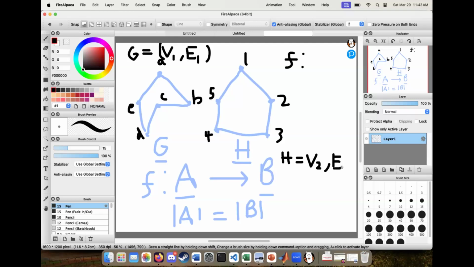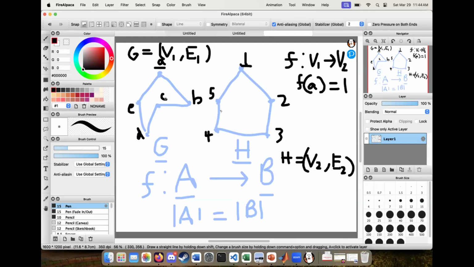So I can define a bijective function that goes from G to H using the vertices, where my function, when I put in A, gives me 1. As in, I'm connecting this vertex to this one. Because if these are isomorphic, if I use this as A, this should preserve the qualities in A.